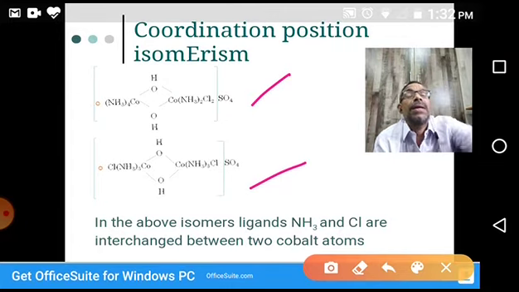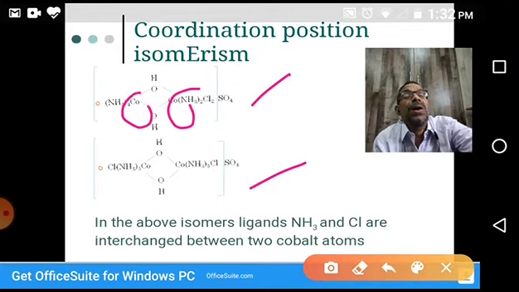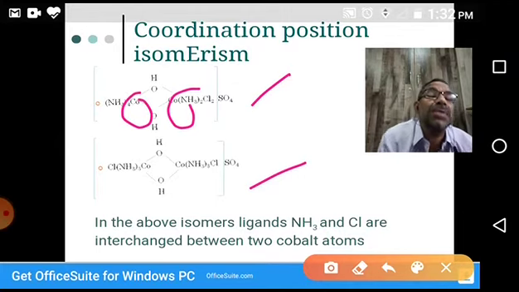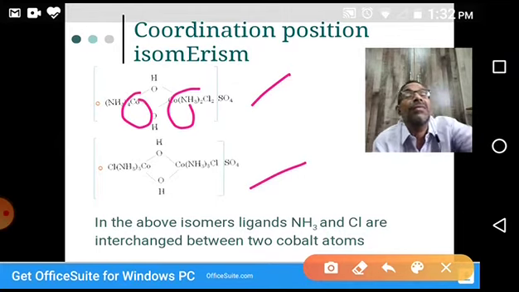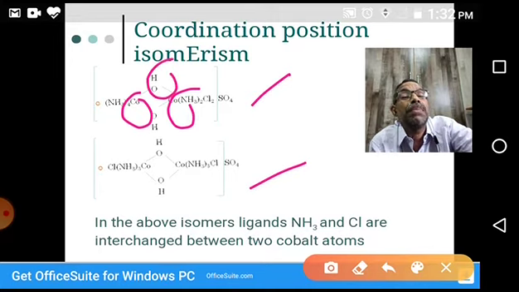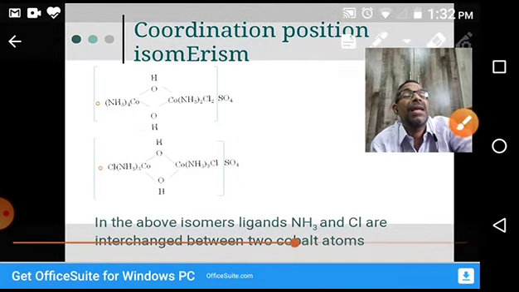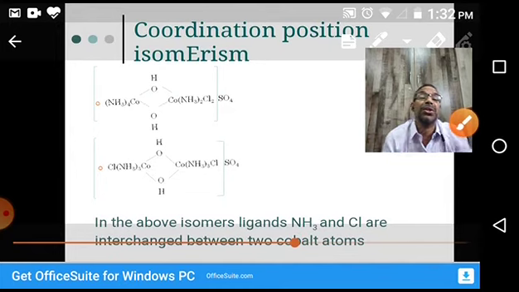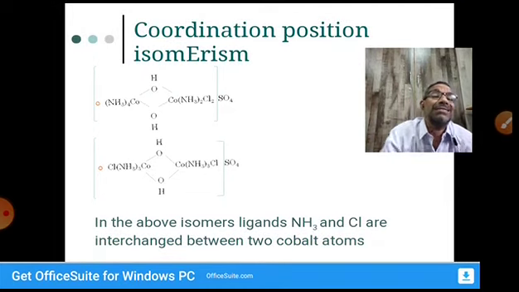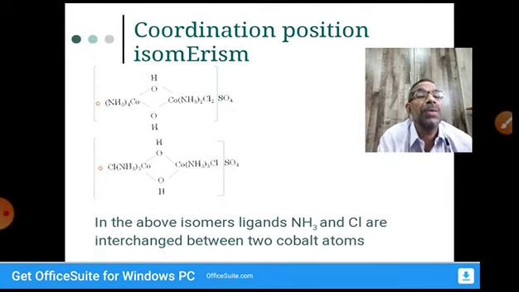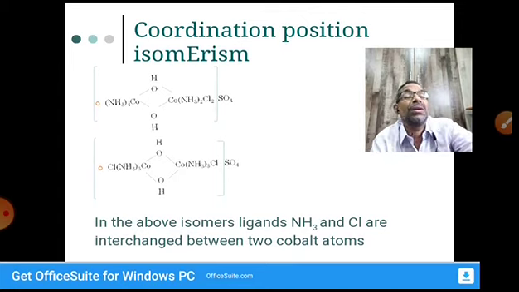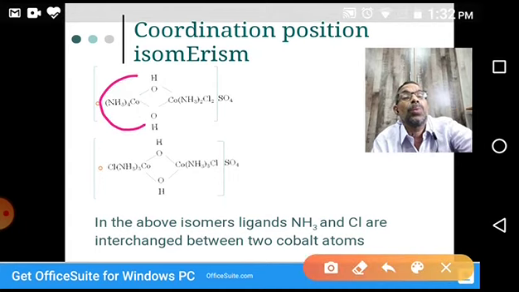What is happening here? We have two cobalt atoms. These two cobalts are linked with ligands that we call bridge ligands. Bridge ligands are ligands which connect two clusters, two groups of complex ions. This is one group, and this is another group.